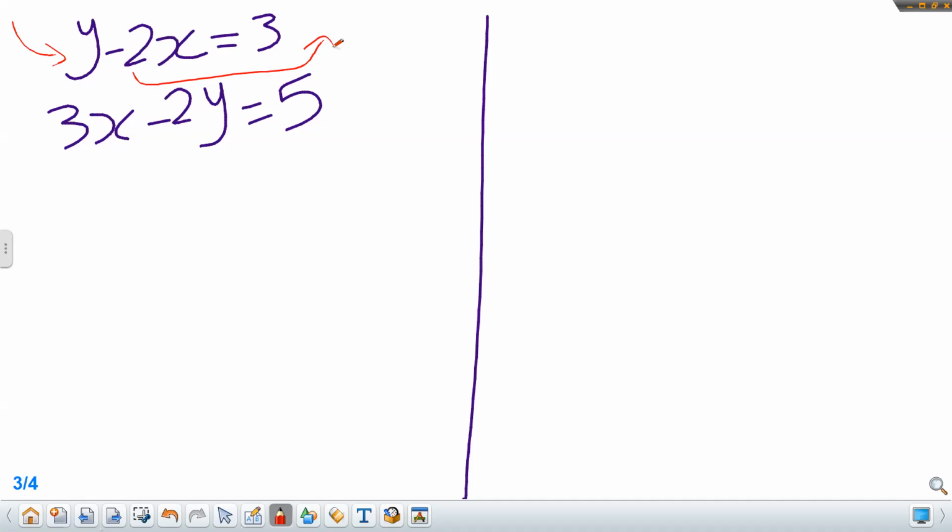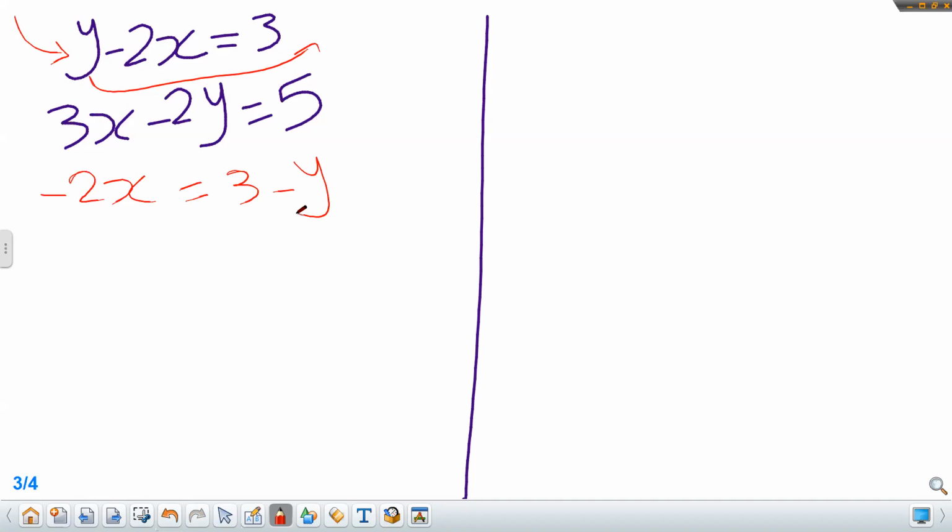But now I will select another choice. I will select the first equation, but I will put x individual on a side. Okay, no problem, as you like. In the first equation, move y to the other side. Then negative 2x equals 3 minus y.